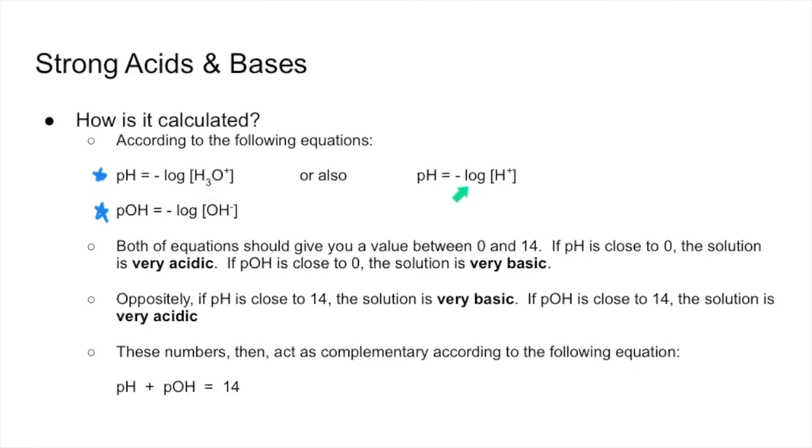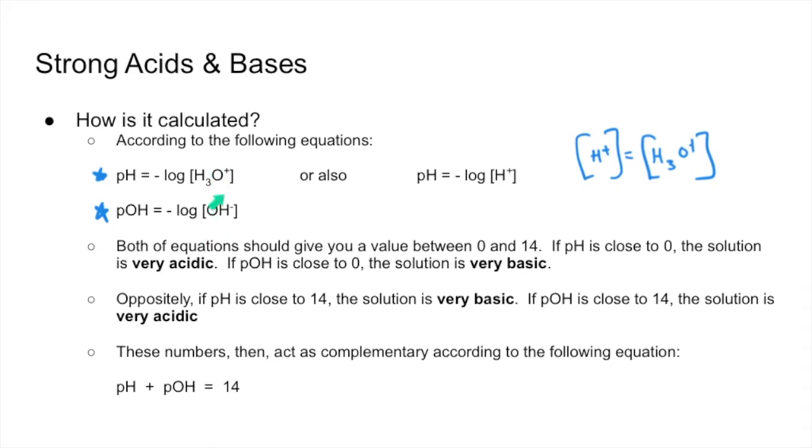You can also see that as the negative log of the hydrogen ion concentration, because, as we've said several times, the hydrogen ion concentration for our purposes is the same thing as the hydronium ion concentration, because if you put H+ in water, it is going to react with water to form H3O+. pOH, the power of hydroxide, is equal to the negative log of the hydroxide ion concentration.